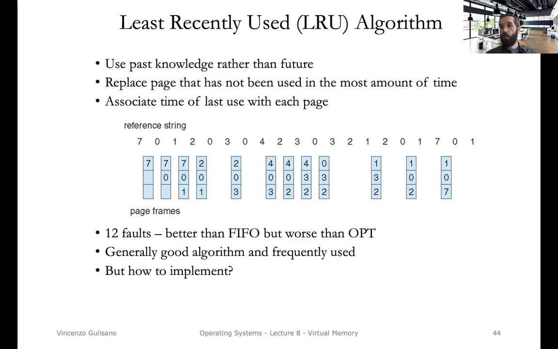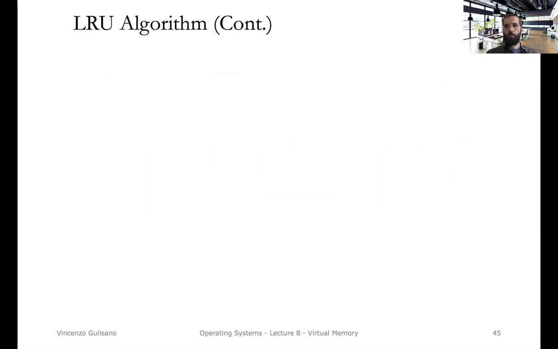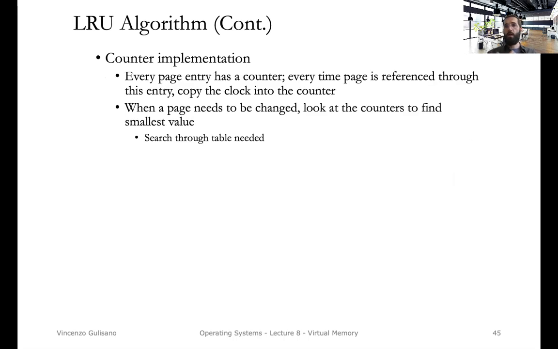Now, there are different ways in which you can implement this. Again, as always, different implementations mean different trade-offs, different costs. You can go with a counter implementation. So basically, you keep the value of the clock, one for each page, and you update it whenever you access the page. When you have to select the victim frame, you take the one with the lowest clock value. That is the oldest one.